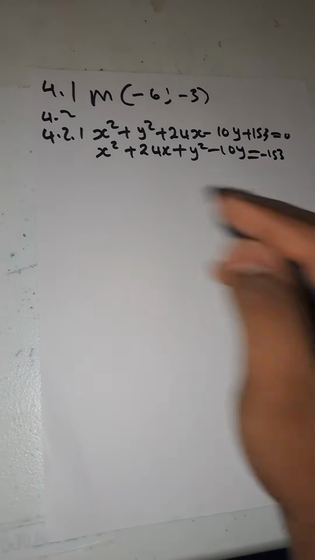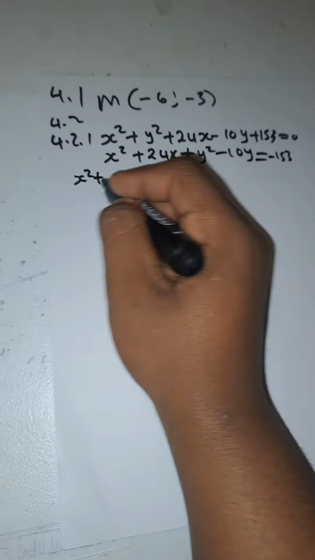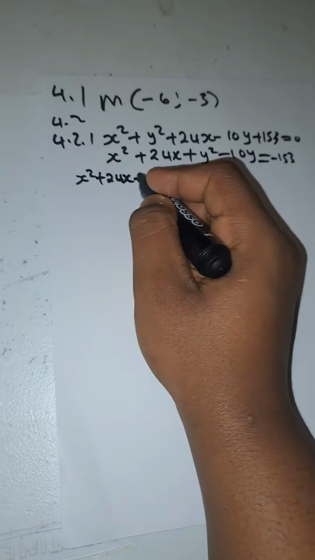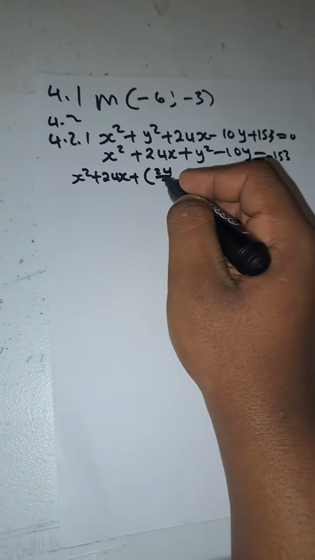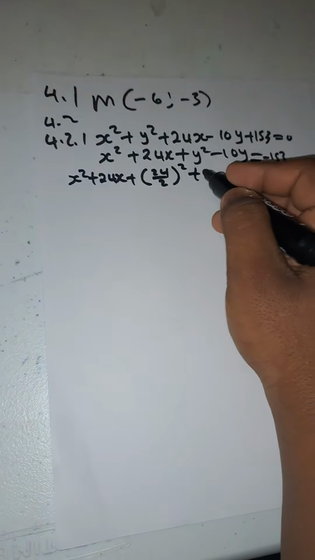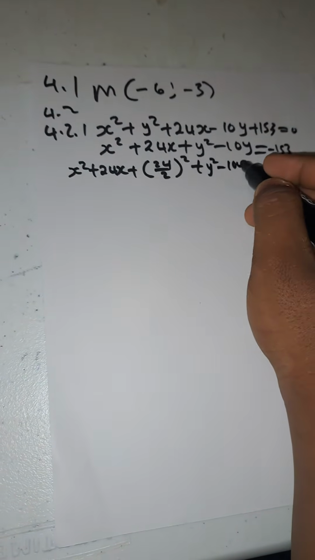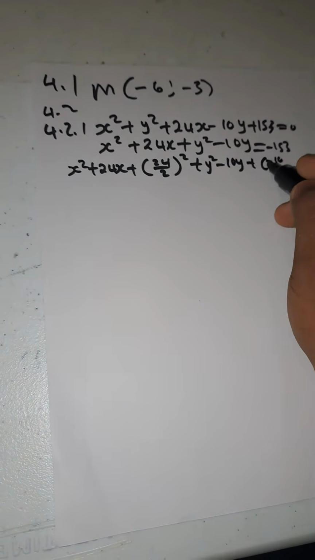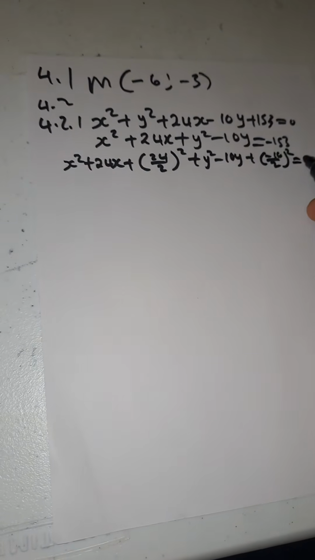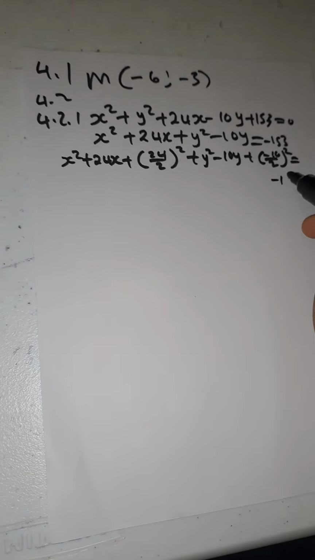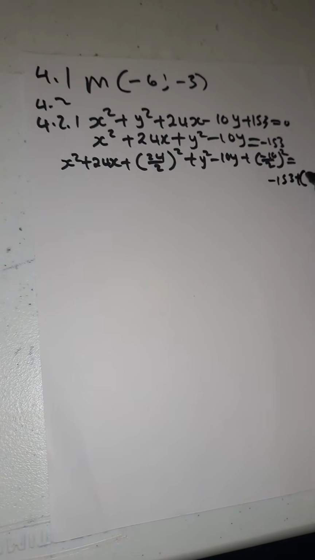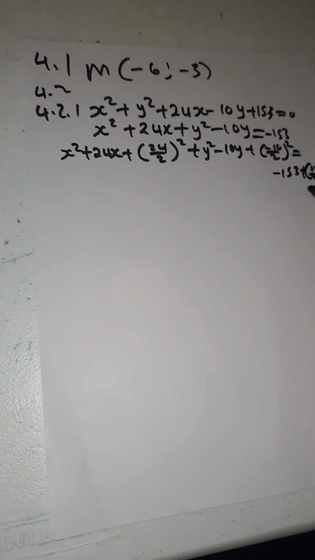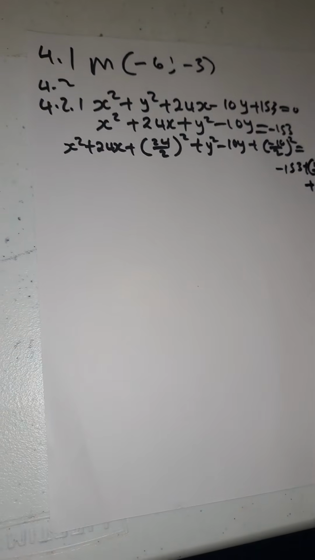Now x squared plus 24x plus 24 over 2 squared, remember? And then y squared minus 10y plus minus 10 over 2 squared is equal to, if I did this one, I will have to do it on the other side. So it will be minus 153 plus 24 over 2 squared plus minus 10 over 2 squared.